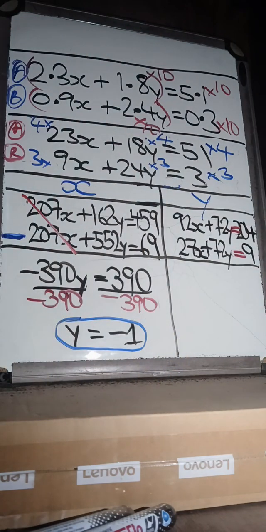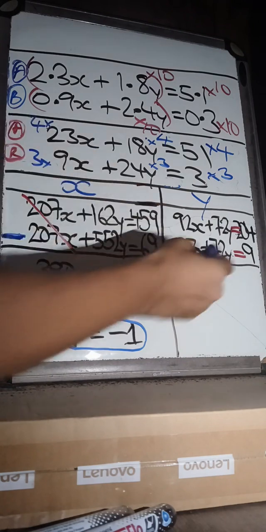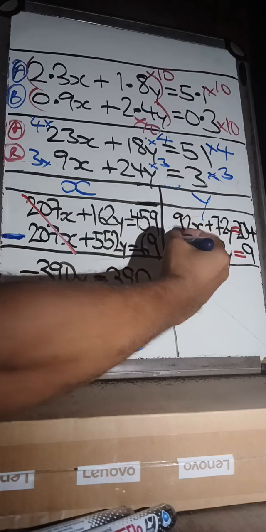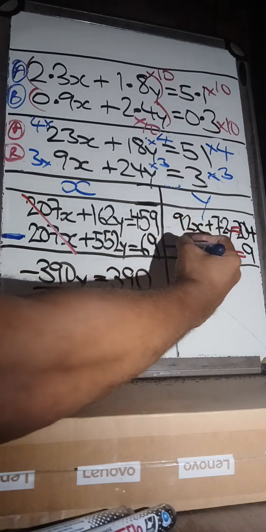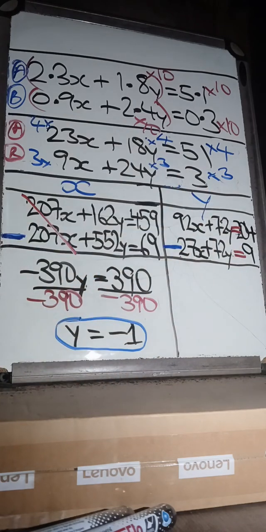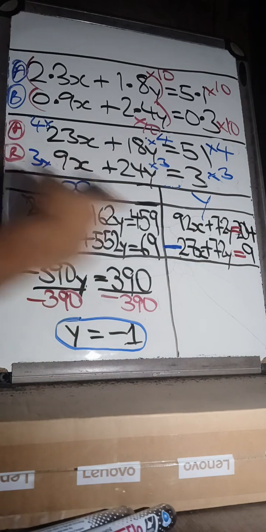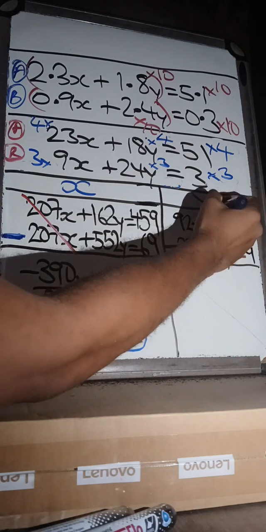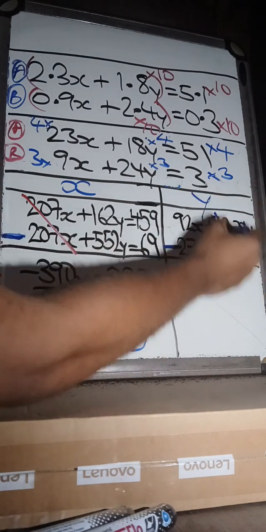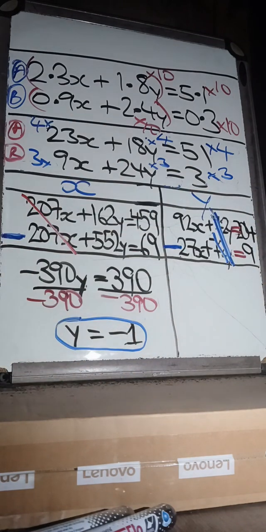X right there. So again, the signs that are in front of the 72, both of them are the same. So you're going to have to subtract line 1 from line 2, right? So 207 minus 207 is 0. 72 minus 72 is 0.